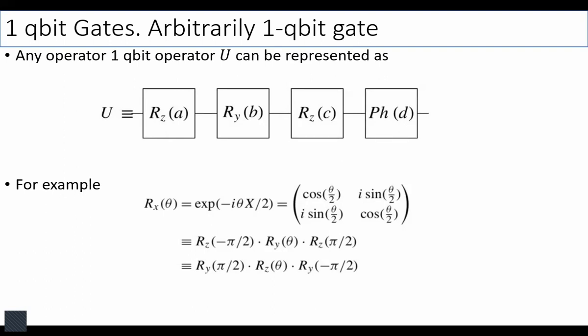That's it, and there is no need to do more. You don't even need to remember exactly what the sequence is. If you implemented Z and Y rotations, you implemented everything. So this is the philosophical story.